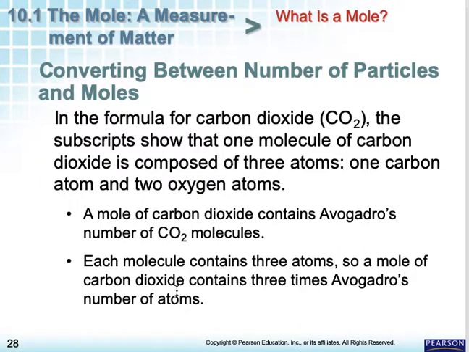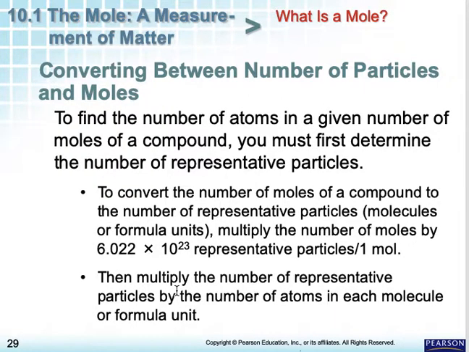The formula of carbon dioxide is CO2, and the subscript tells me in 1 molecule of carbon dioxide, there are 3 atoms total. 1 is carbon and 2 are oxygen. So 1 mole of carbon dioxide contains Avogadro's number of CO2, and each molecule has 3 atoms. And so we have a total of 3 moles of atoms.